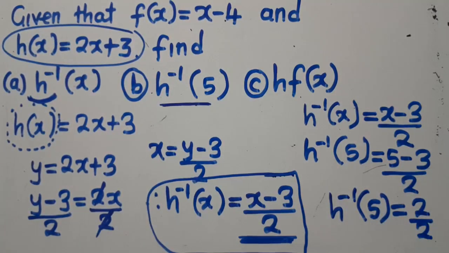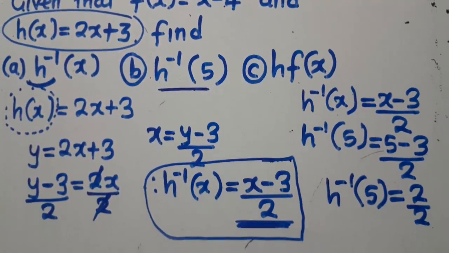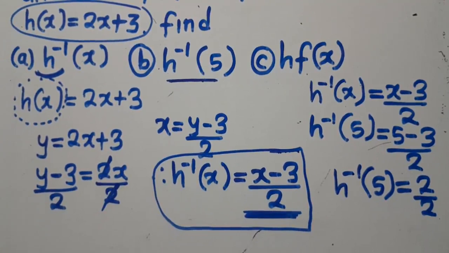So what is your final answer? H inverse of 5 is equal to what? 2 divided by 2, you get 1. The answer there is 1.